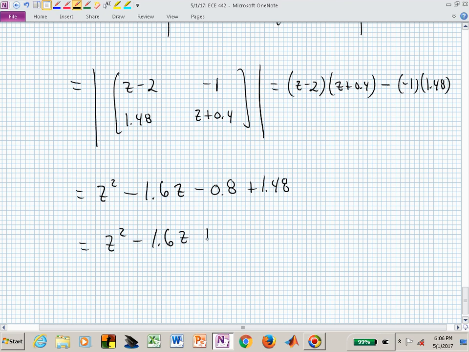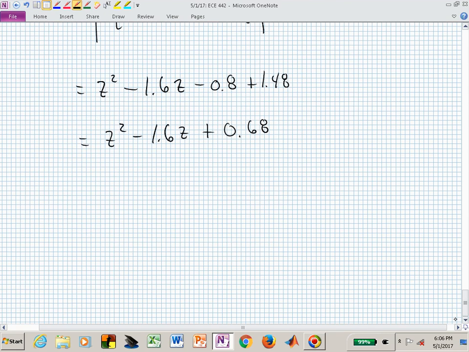We now have 0.68, which is exactly what we had for delta sub d of z, our desired characteristic polynomial for the second order.